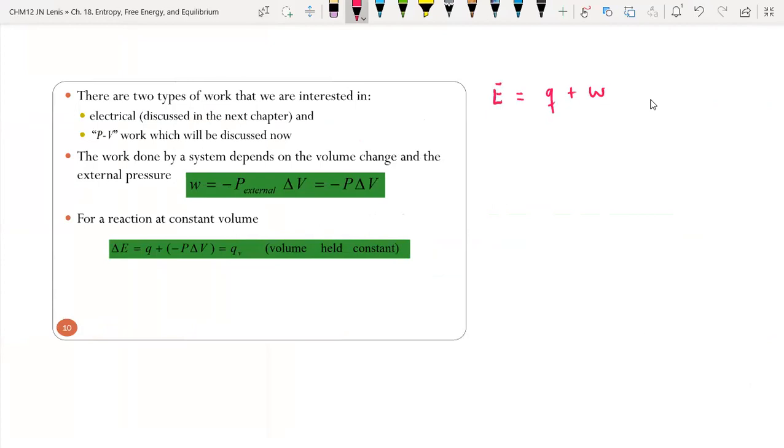There are two types of work that can be produced here from that energy. One is the electrical work. We're going to cover that in the next chapter, chapter 19, electrochemistry. And the second type of work is what we call the PV work.